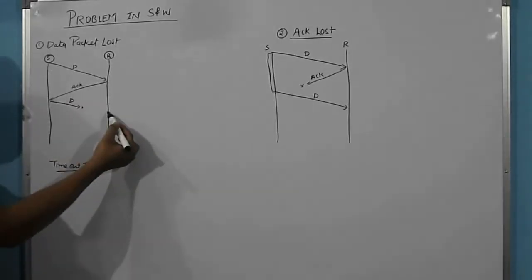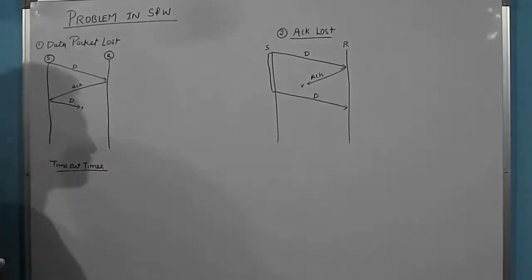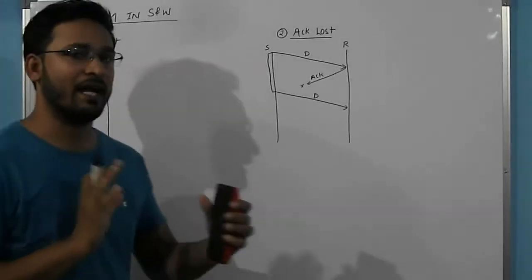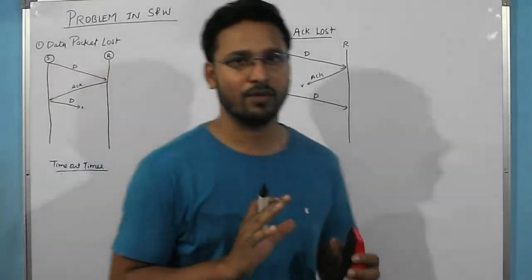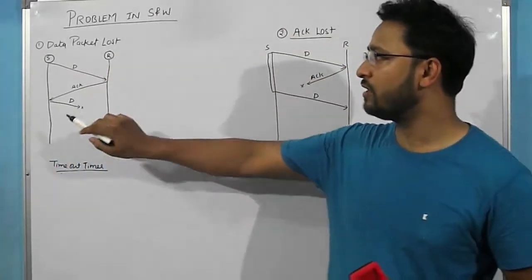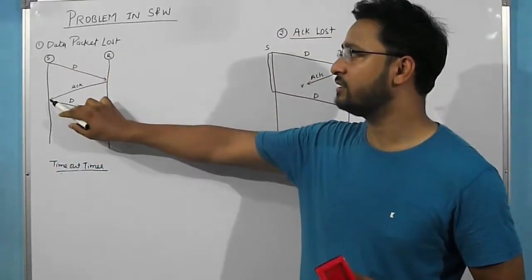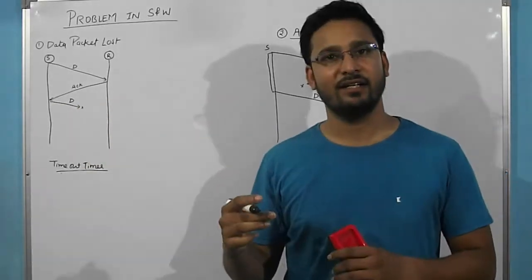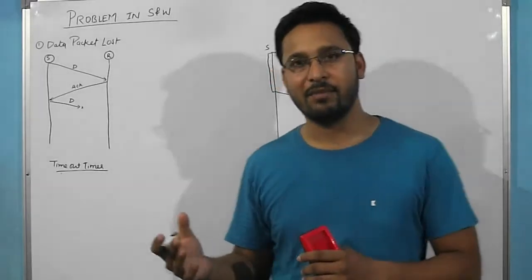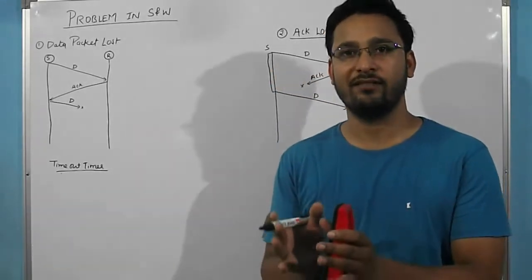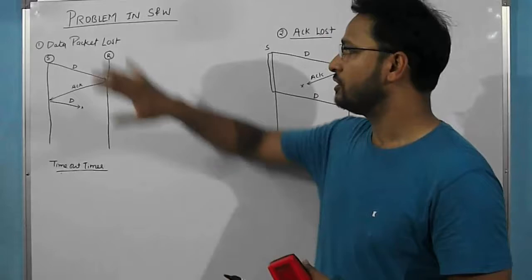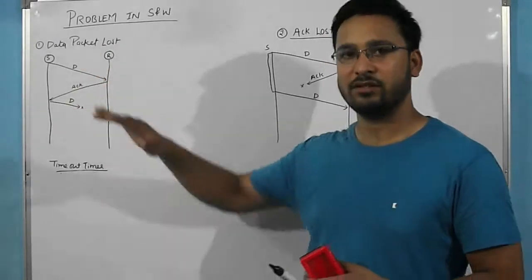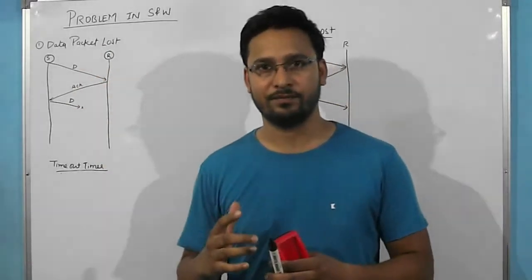Receiver does not receive any data packet after data packet 1, so receiver does not send any acknowledgement. Sender does not receive any acknowledgement after the previous acknowledgement, so sender does not send any data packet. What happened? Everything is going to be halted, stopped. The whole data transfer process is going to be halted.